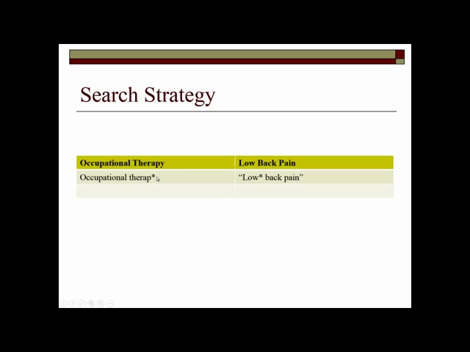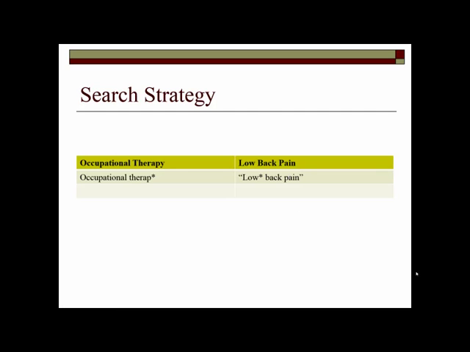So I'll put the wildcard here on occupational therapy, so it's going to find occupational therapy or occupational therapist. When it comes to low back pain, it's probably going to be really helpful if we put that particular phrase in quotation marks. In order to capture terms like low or lower, I've used the wildcard within that particular phrase. So we're going to employ some of those tactics when it comes to searching our databases.